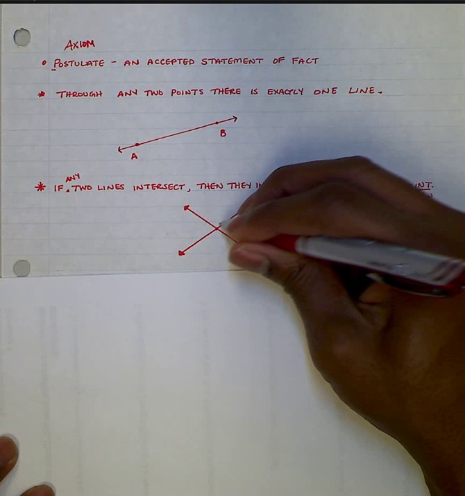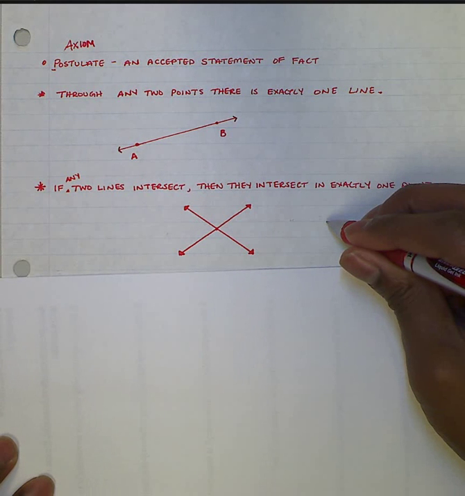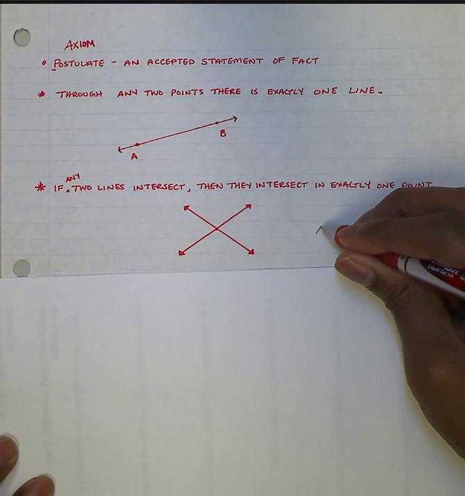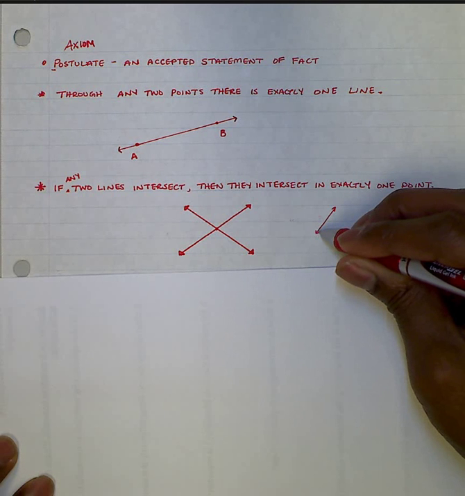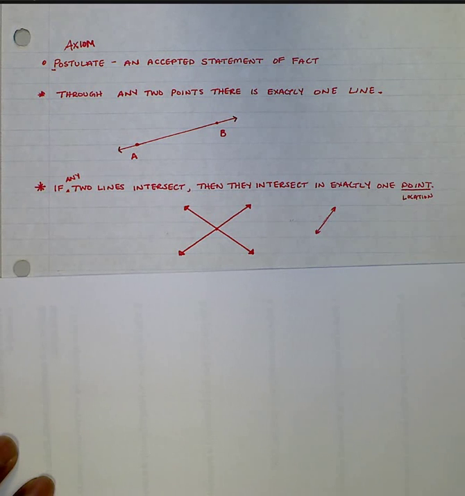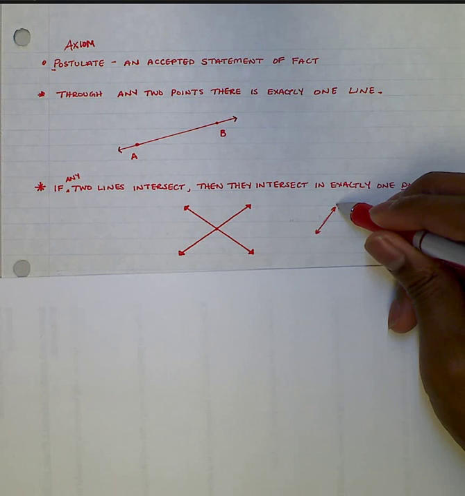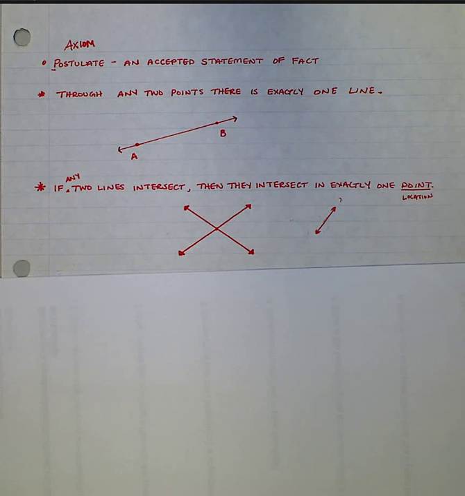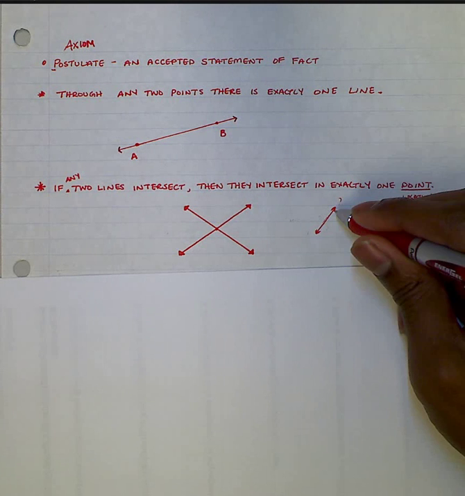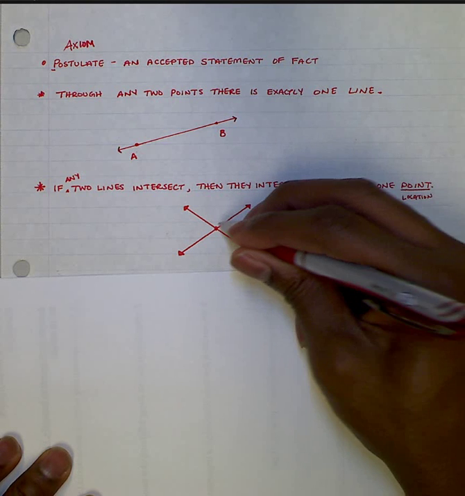Okay, and that's here. Now you might think, well, what if they're the same line, like you saw in Algebra 1, where we had 2 lines, and if we solved a system of equations, and then we said, oh, they're the same line, infinitely many solutions. Well, this is actually just the same line. It's not 2 lines. Okay, so this is just 1 line. But any time 2 lines intersect, they will intersect at a location at 1 point.